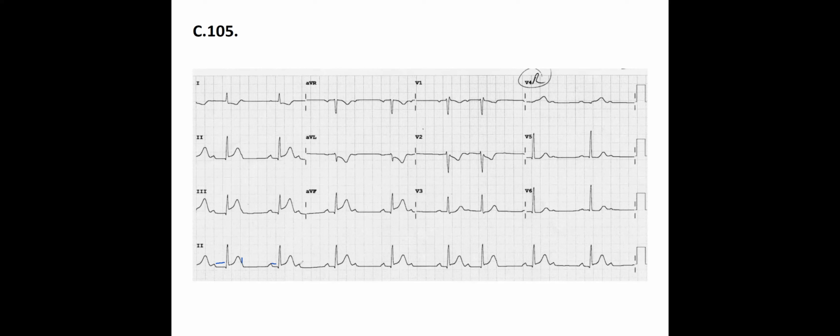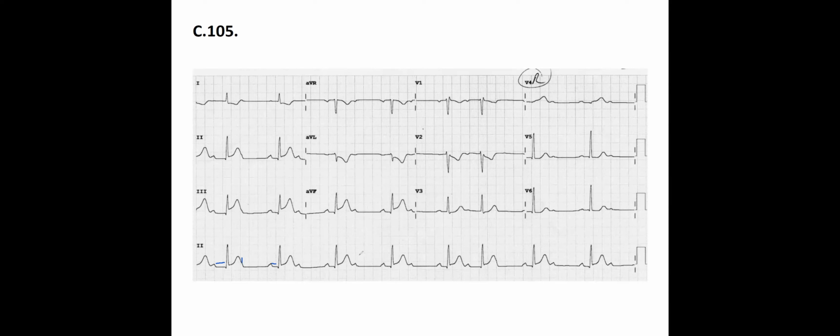This again, not conducted. That's conducted, not conducted, conducted. I don't think that is a conducted one. Or maybe that's conducted, but we do see another piece right here. That's difficult, but it's possibly a Mobitz type 1 AV block, because that's alternated.